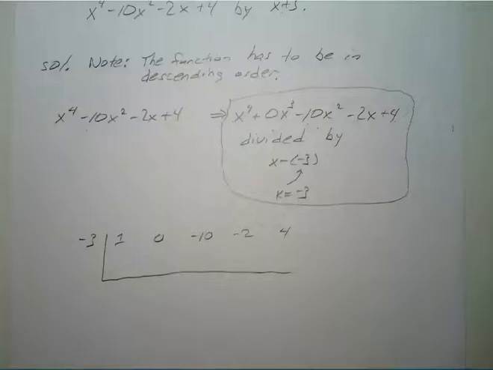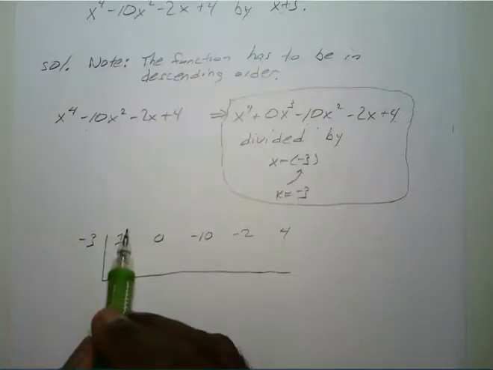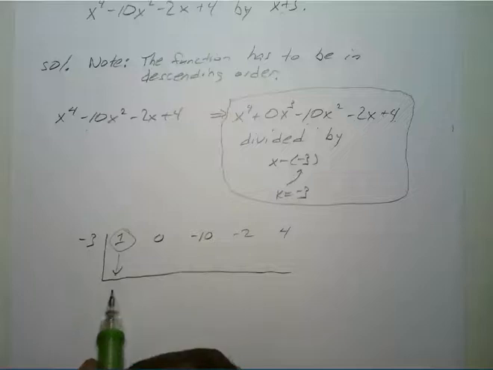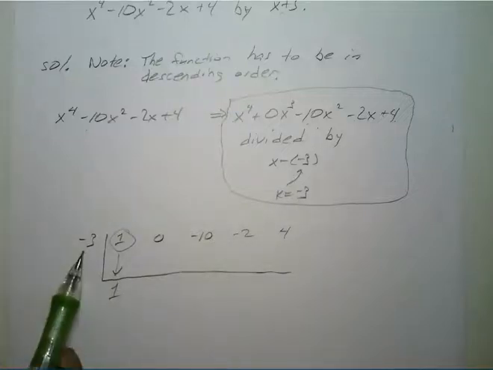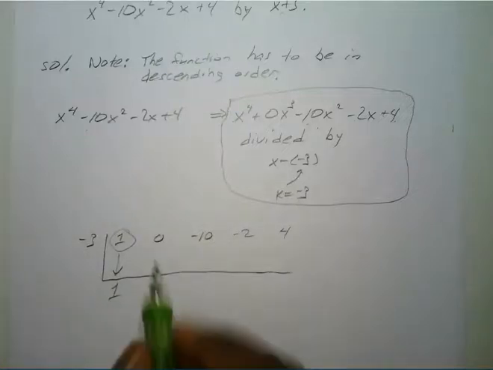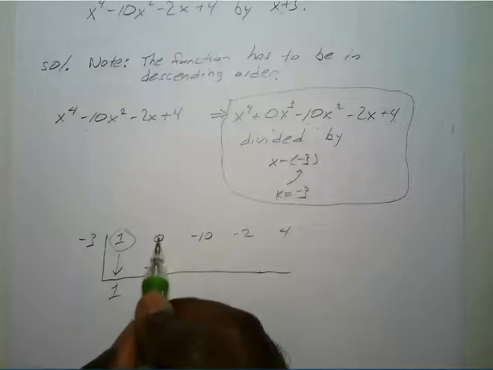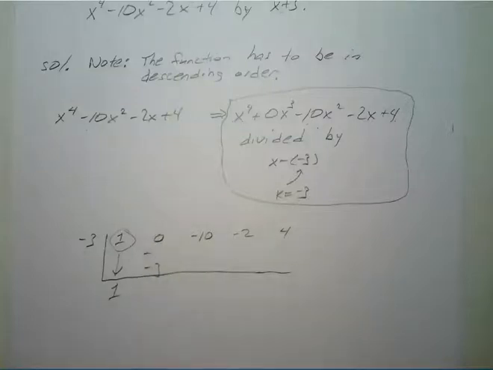You just put all of your coefficients there. So we bring down our first one. Negative 3 times 1 is negative 3. Then we add those two together.